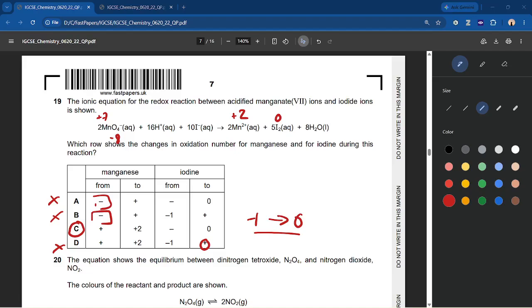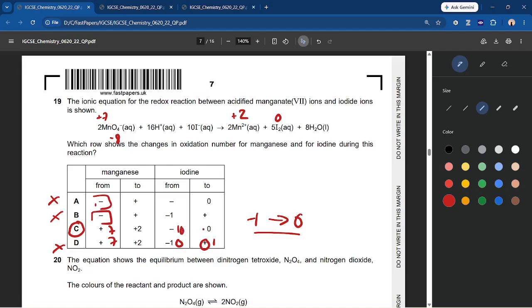In fact, just give me 1 second while I look into this. Okay, so I looked it up, and I think when the question was being made, they missed the numbers over here, so there should have been a +7 over here. This is going to go from +7 to +2, and this will be -10 to 0.